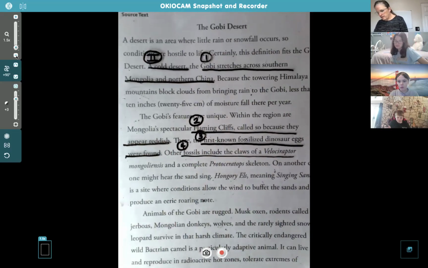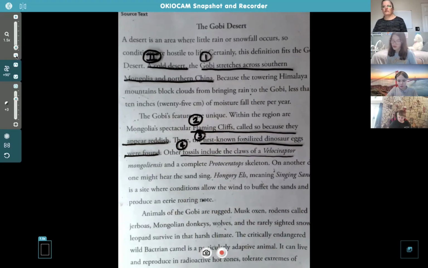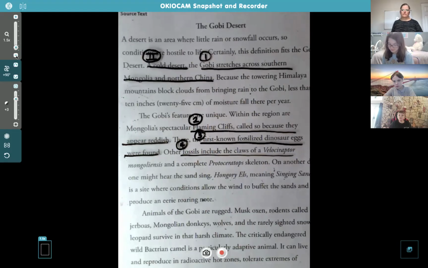Velociraptor. Well, probably raptor, because velociraptor... claw, velociraptor and fossils. Yeah, that's a good one.